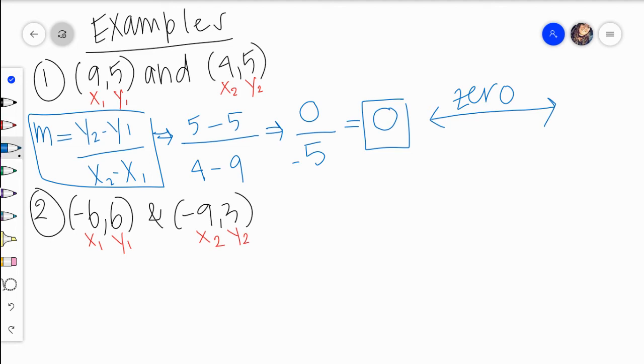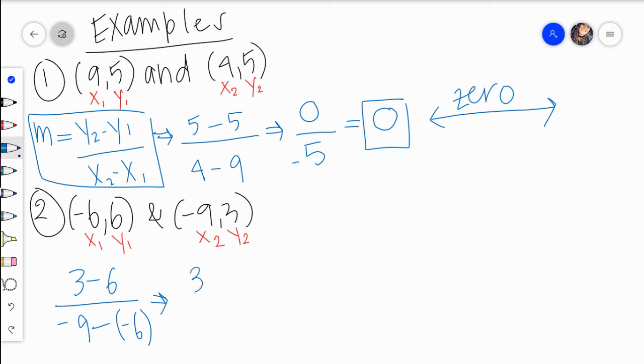And then let's go ahead and solve. If we plug in our y sub 2, I get 3. The formula says to subtract my y sub 1, which is 6, over x sub 2, which is a negative 9, minus x sub 1, which is a negative 6, being sure to put those in parentheses if you need to. And then in the numerator, we have 3 minus 6.